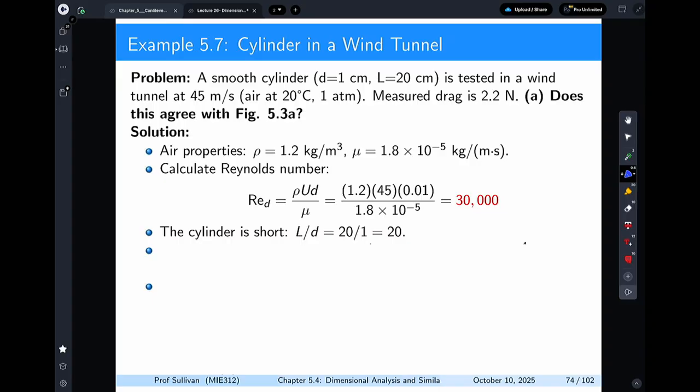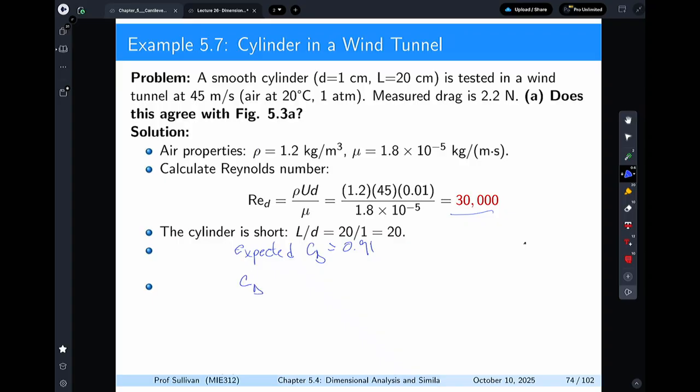All right, so I have rho 1.2 kilograms per cubic meter, mu 1.8 times 10 to the minus 5, and Reynolds number based on diameter is 30,000. The cylinder is short, so length over diameter is a very important parameter, and that's going to be 20. And the expected C sub d for that will equal 0.91 from a table that I will show you in a minute.